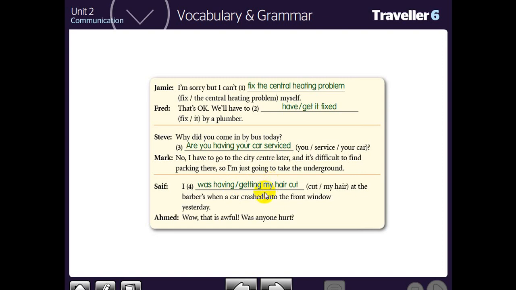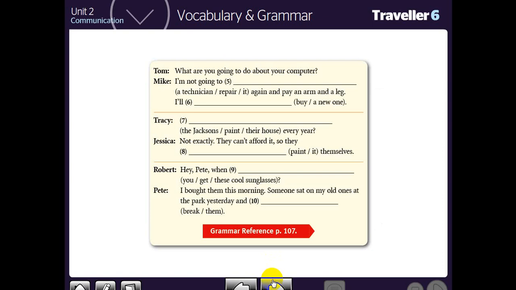Okay, now let's go to the next point. Number 5. Make up your mind a little. What are you going to do about your computer? I'm not going to repair it myself or let a technician repair it.